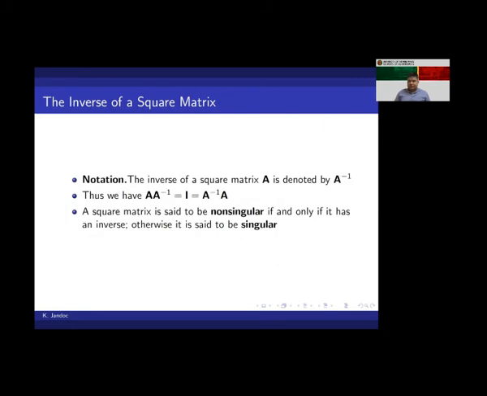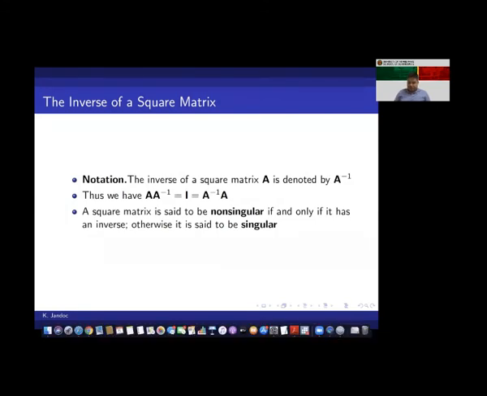Just for notation, when we say inverse, we denote it by putting this -1 here. So if we have a square matrix A, its inverse is A^-1, or you read that as A inverse.